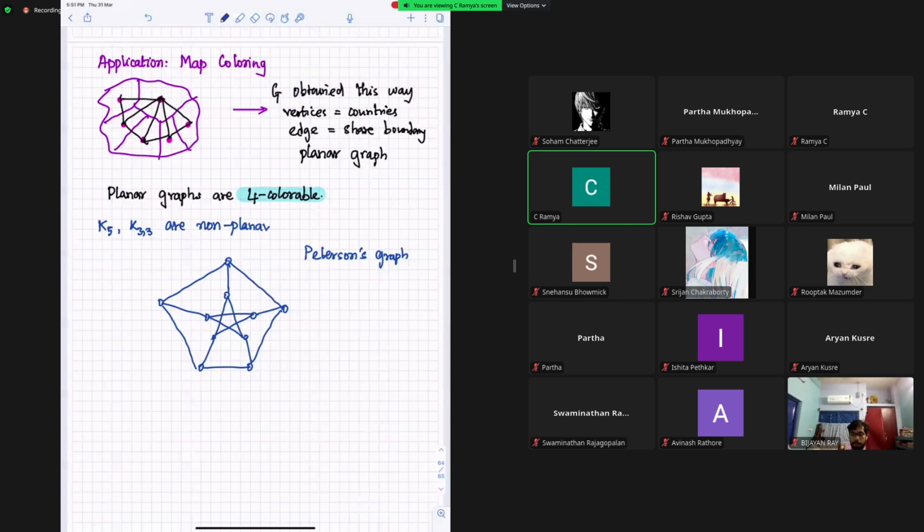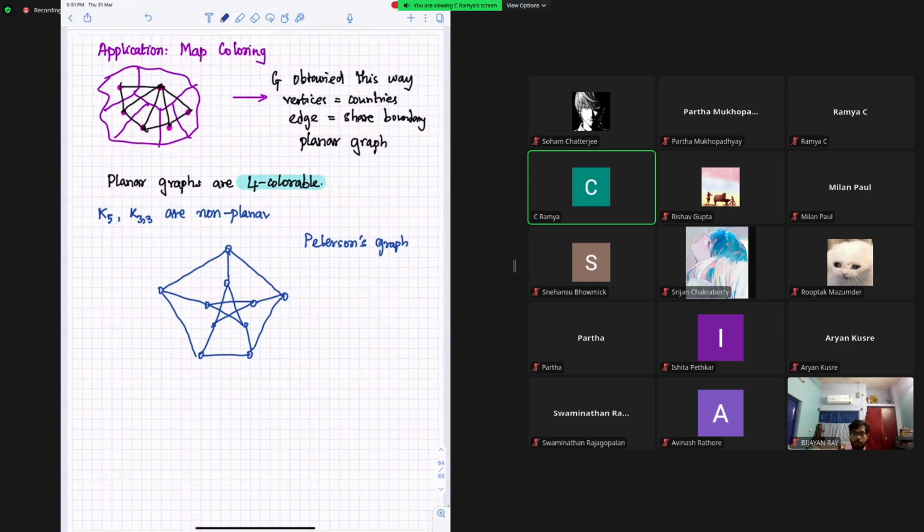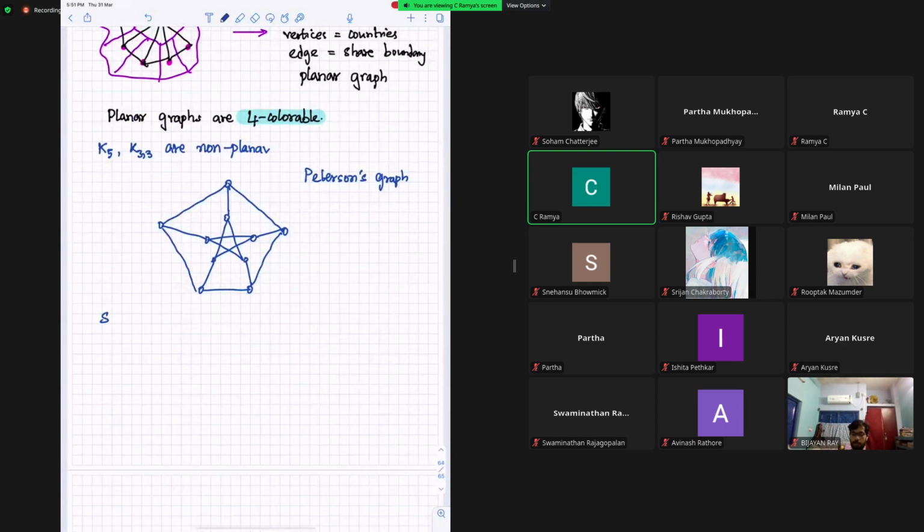So to understand this, just like edge contraction, we have to talk about another operation, which is called subdivision. So what is a subdivision in a graph?